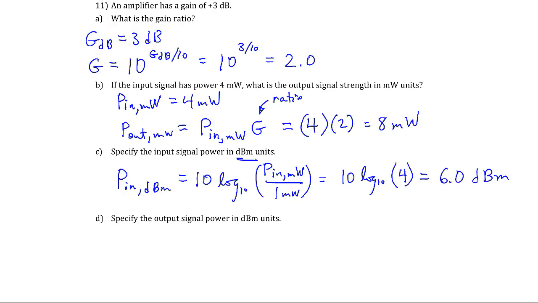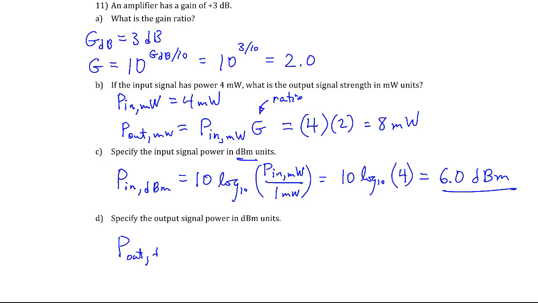That works based on the rule of threes, where 4 milliwatts is 1 milliwatt doubled twice. 1 milliwatt is 0 dBm. Each time I double it, I add 3. Double it twice, I add 6. Okay? The output signal power in dBm units is doubled again. It's going to be 9, but let's go ahead and calculate it.